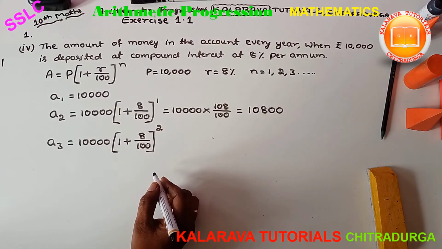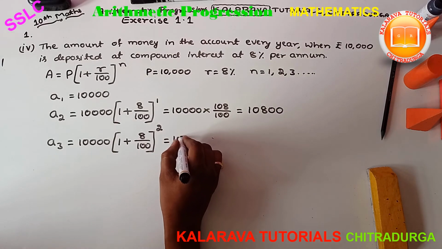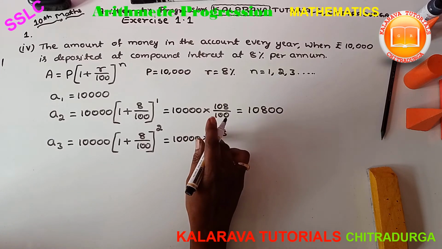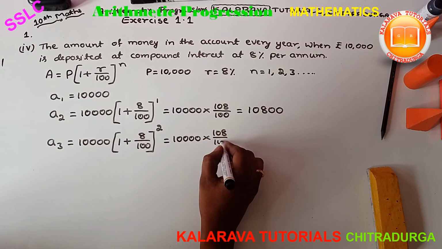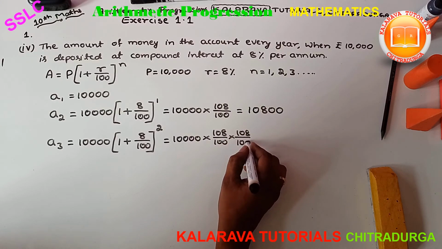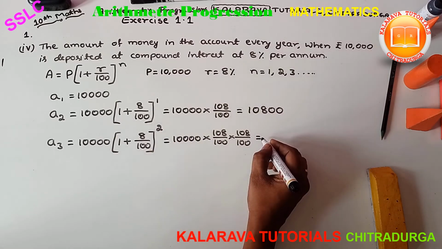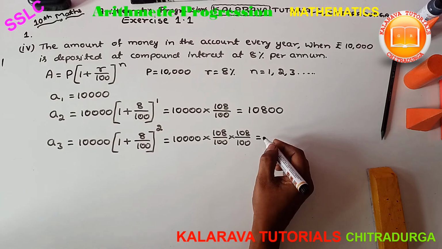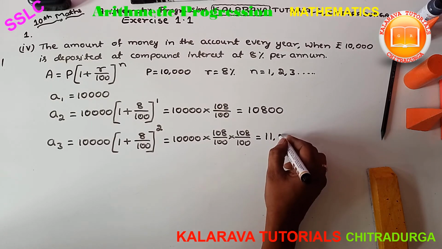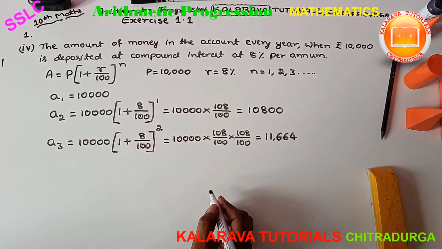At the end of the second year, that is equal to 10,000 into 108 divided by 100 into 108 divided by 100, because the power is 2 and we multiply it 2 times. By simplifying this, we get the total amount as rupees 11,664 at the end of the second year.